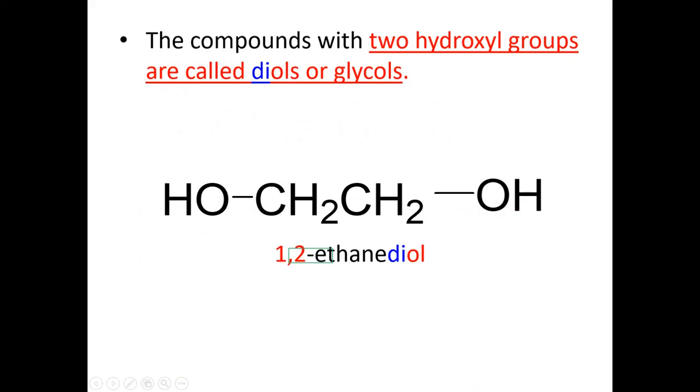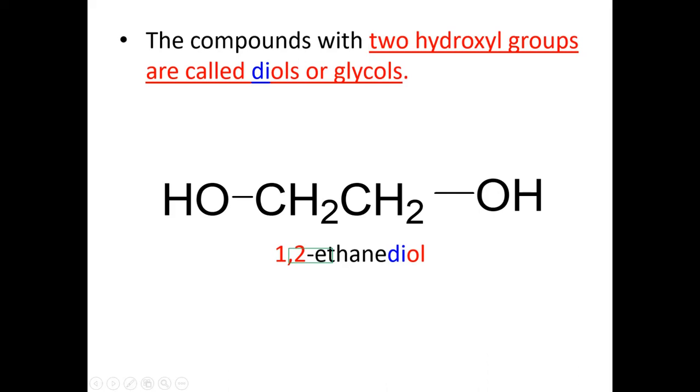The compound with 2 hydroxyl groups is called a diol or glycol. Here, how many carbons are in the structure? 1 and 2, so it will be ethane. Why do you put di here? Because you observe 2 OH groups in the structure. Diol.